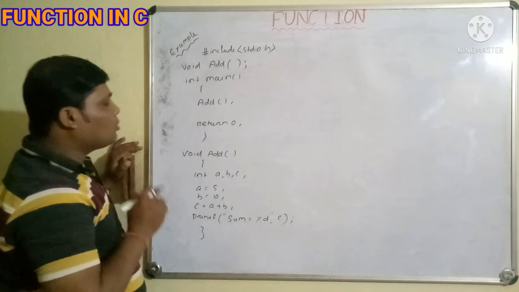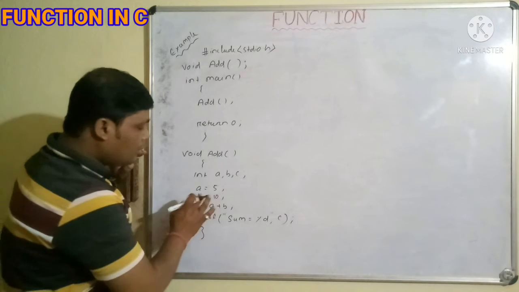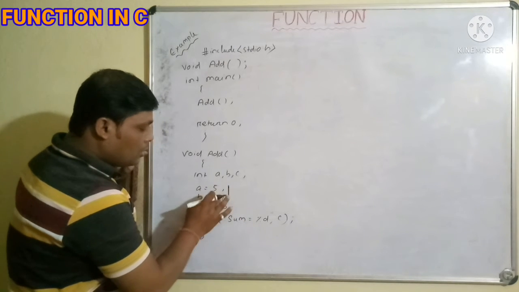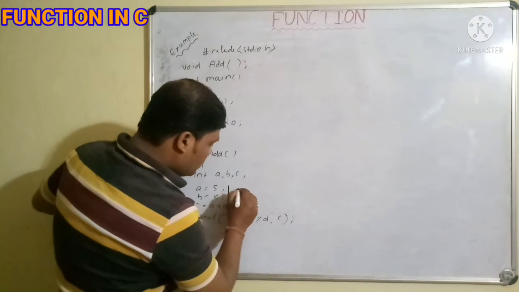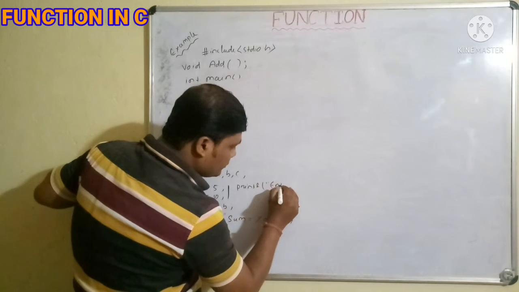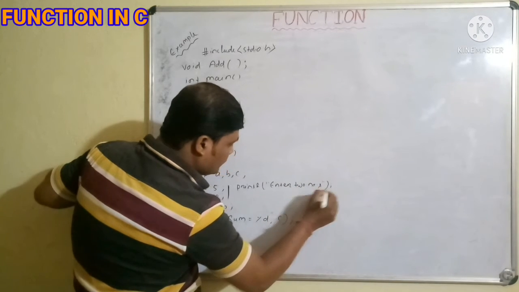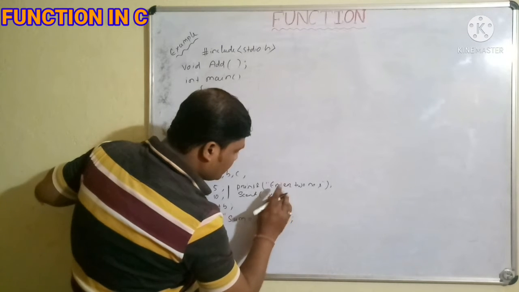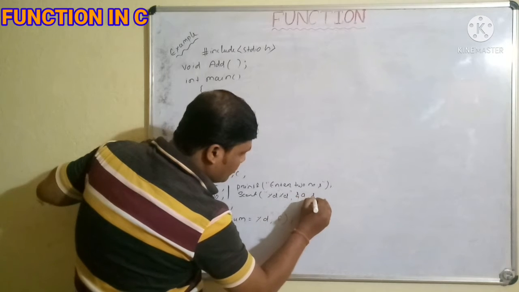This is a small program, a very easy program, to add two numbers. Here I have initialized and assigned the values 5 and 10 to a and b respectively. You can input like printf enter two numbers, then scanf %d %d, ampersand a, ampersand b.